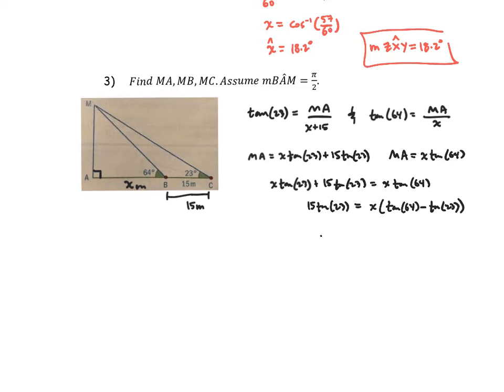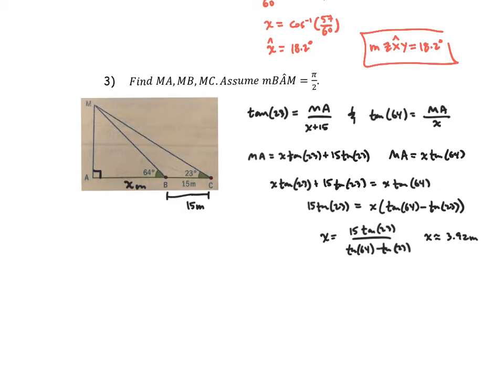Now x will equal 15 tangent 23 over tangent 64 minus tangent 23. When I use my calculator, I'm going to get a value of about, to 3 sig figs, 3.92 meters.